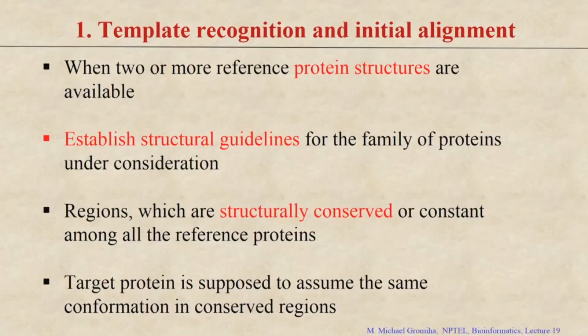Then we get some structural guidelines with the templates, you will get different structural information, because the PDB is known, and see the family of the proteins, how about the structurally conserved regions, and then if you see all this information, then you can choose the template.